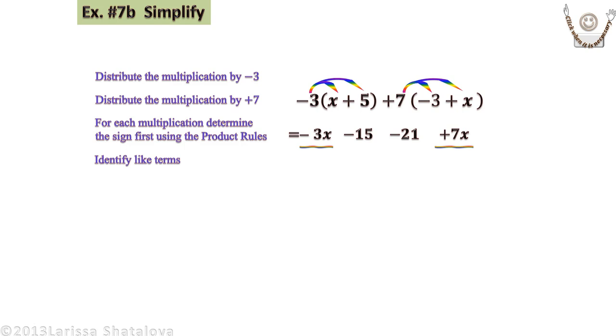Constant term, negative 15, and constant term is negative 21. Let's combine terms with x's. Negative 3x and positive 7x would be positive 4x or just 4x, and then negative 15 and negative 21 would be negative 36.